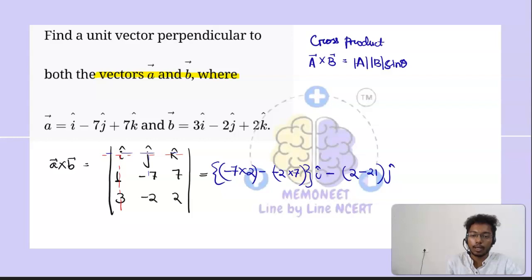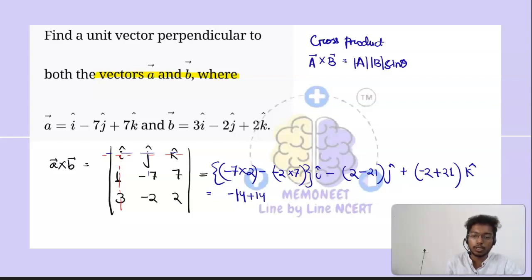Then for k cap, we have plus of 1 into minus 2, that is minus 2, minus of 3 into minus 7, which means plus 21. For i cap, we have minus 14 plus 14.